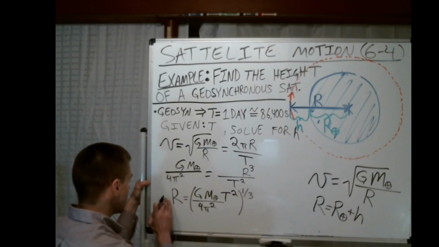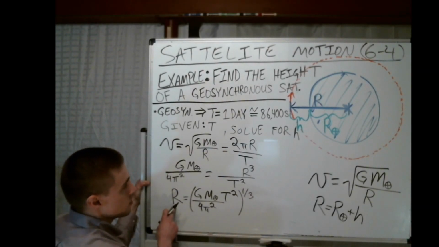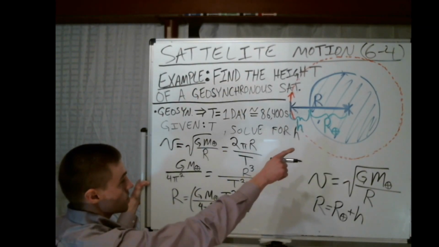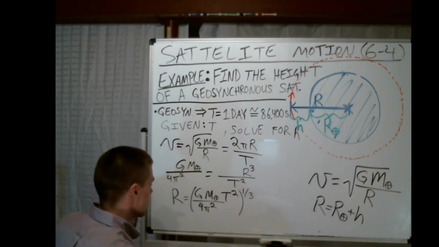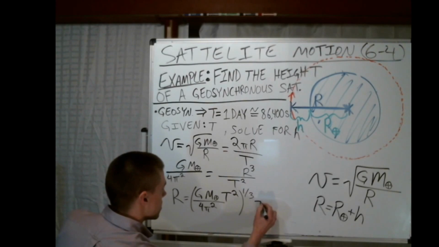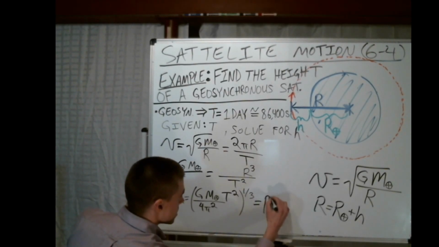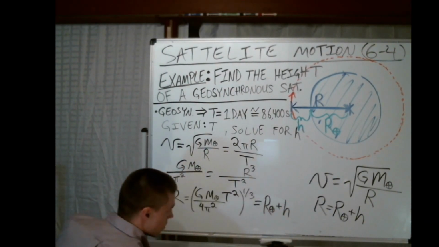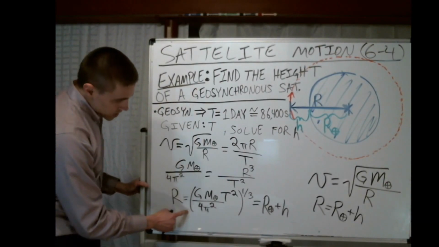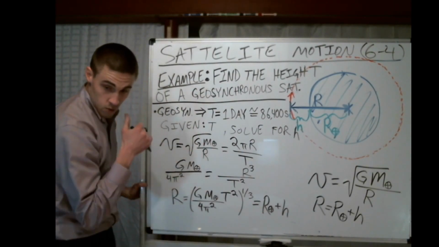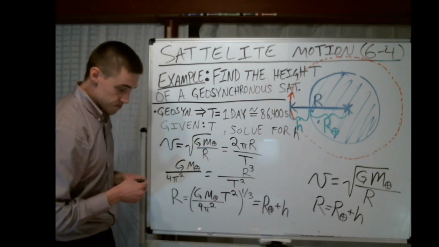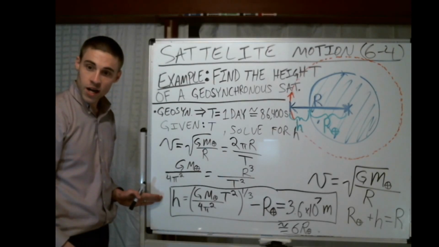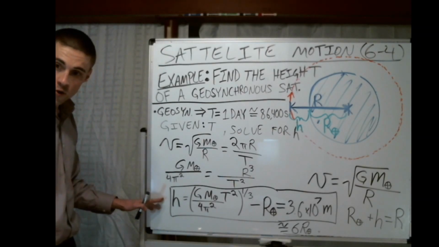I'm not quite done yet. This distance r, from the center of mass of the Earth out to the orbit, is equal to the radius of the Earth plus h. So to get h, I just need to take this quantity and subtract the radius of the Earth. Now I have h all in terms of known quantities.